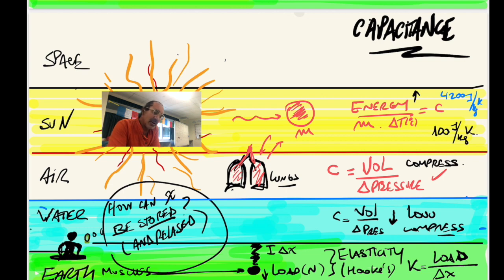So that means that water needs a lot of energy to increase the temperature by 1 degree, 4,200 joules, while the sand, with a little bit of energy, immediately increases the temperature by 1 degree. So the capacitance is giving us an idea of how well the energy gets stored.